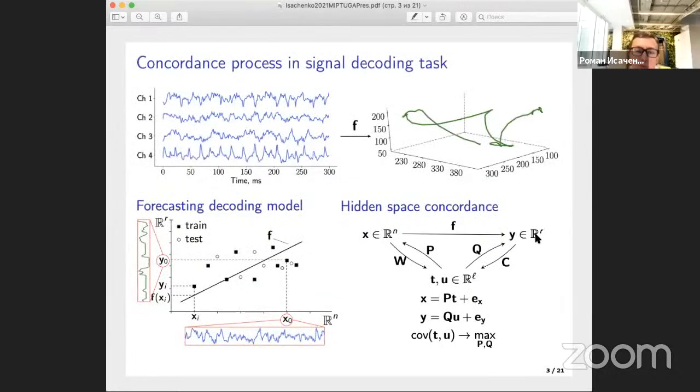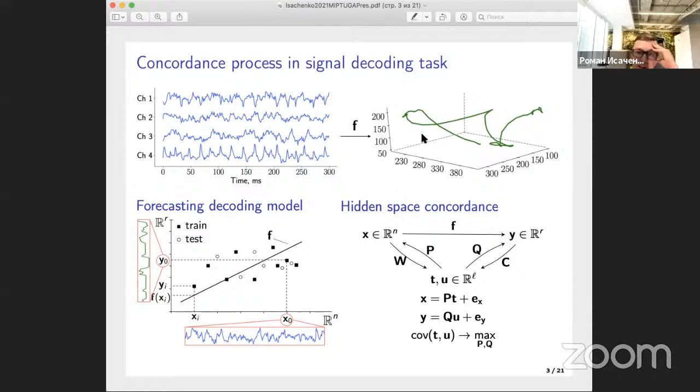Our goal is to build a decoding model F, which takes the input signal X and predicts the target signal Y. The slide shows an example of the input and target time series for the task of restoring the hand trajectory based on the signals of the electrocorticogram.